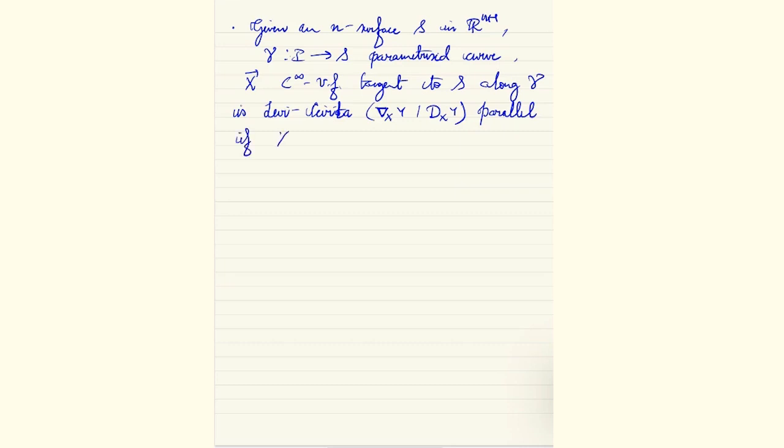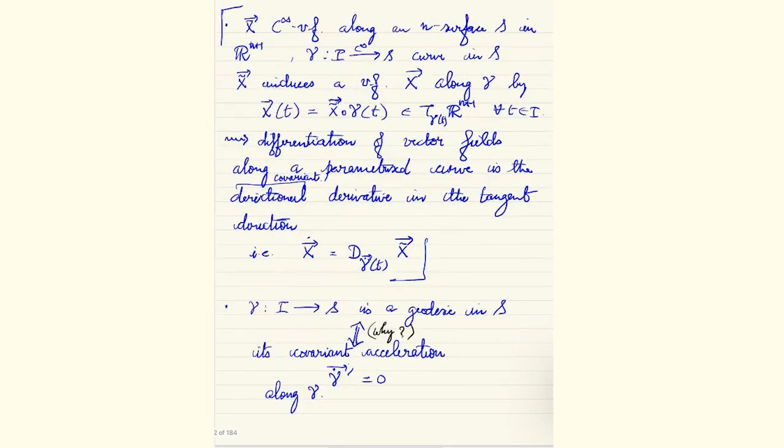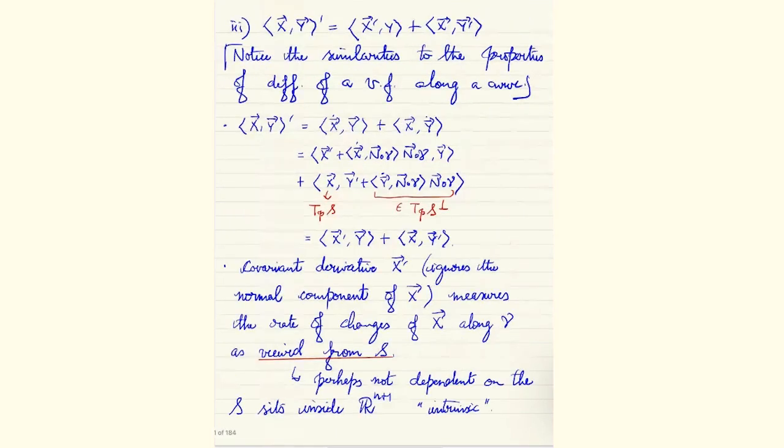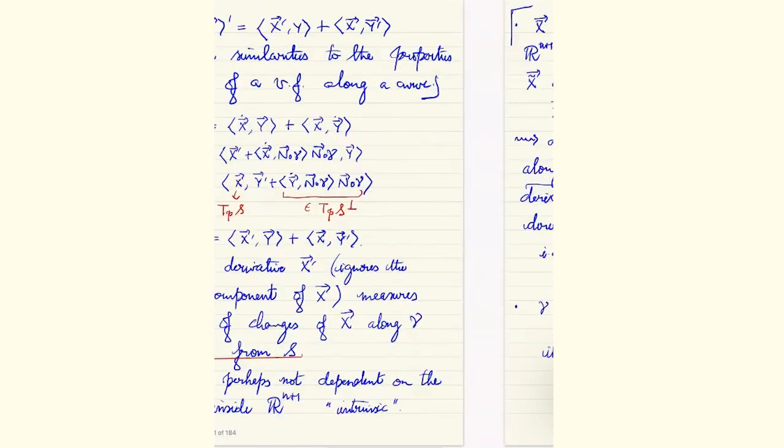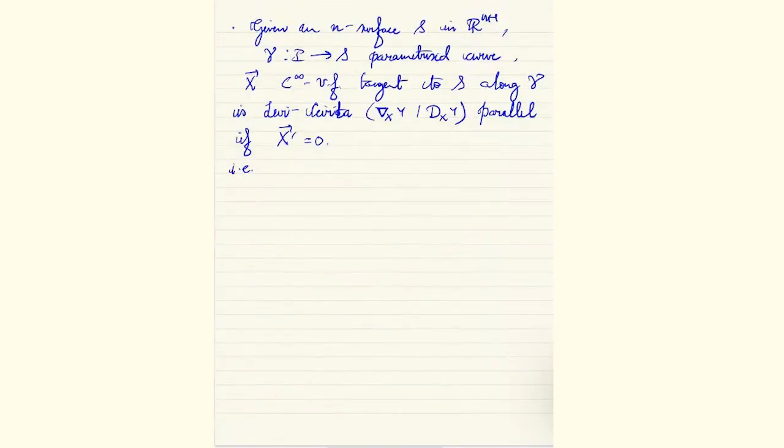If the covariant derivative along the curve is 0. In other words, this is repeating what I said, but rephrasing it in the context of the remark I made about something being intrinsic, possibly, how it is when viewed from S. The fact that the covariant derivative along the curve is 0 does not mean that there is no change in the vector field at all.